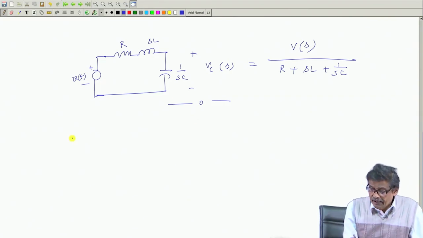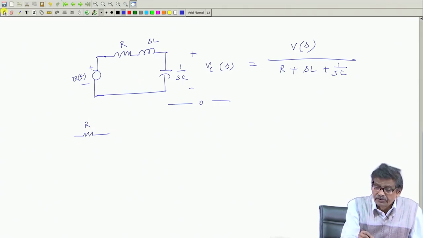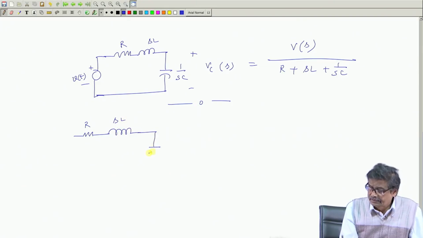Suppose I say I have an RLC circuit in S domain, I need not draw it further. Okay, let me draw it: R, L, SL, S domain, I will go 1 by SC.